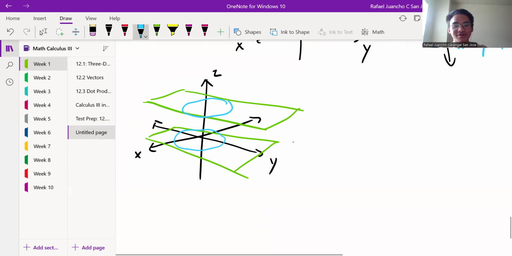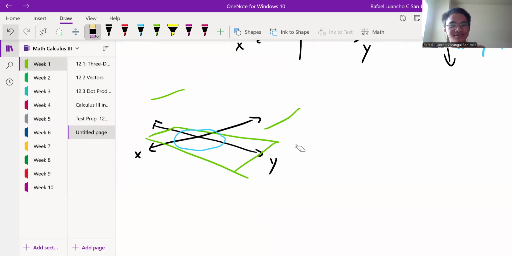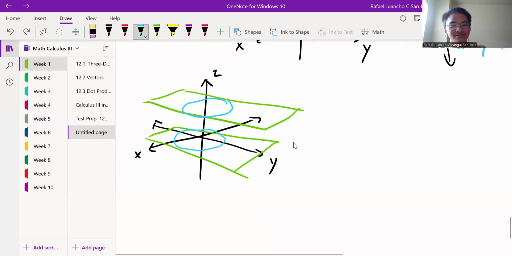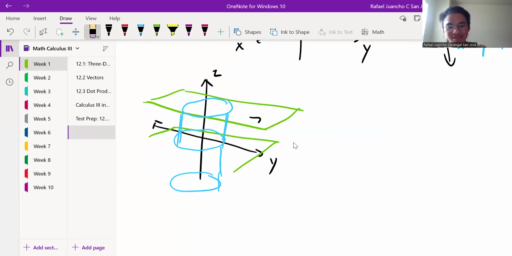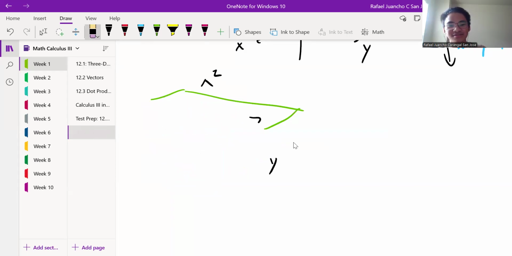But if you think about it, it's basically an infinite cylinder. And this could go on and on, because z could be any plane. They have the same radius, my drawing's just bad. But it's like an infinite circular cylinder, right?